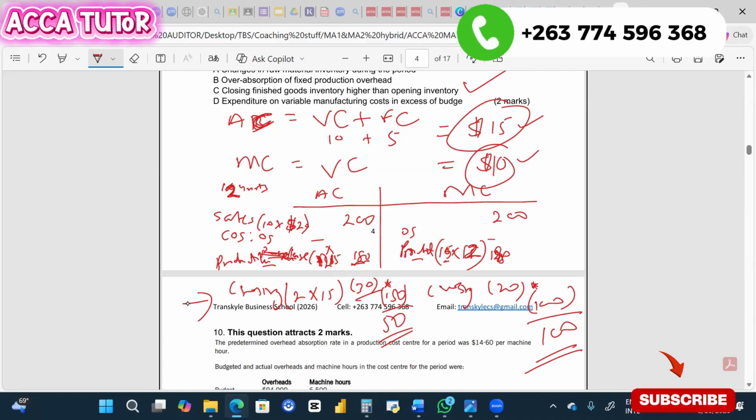If we say 180, and the closing, why are we saying closing is 20? The closing stock is to be based on the technique which is being used in the marginal costing. We are going to use the $10. So if the closing stock is $20, everything else the same, it simply means that we are going to have a 160 here.